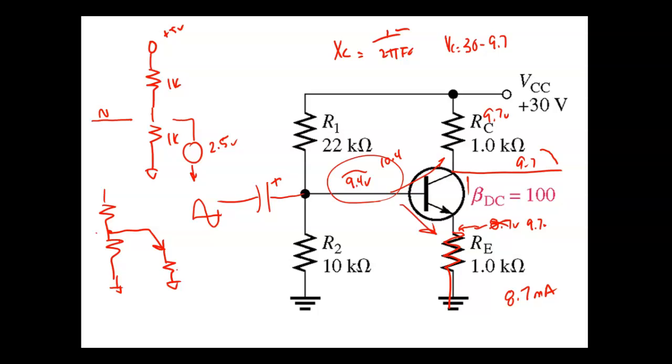Because when the input goes up, it turns the transistor on more, which causes RC to drop more voltage. So what did this come up to giving? What's that? 20.3 volts. So when the input went up 1 volt, the output went down, whatever that was.